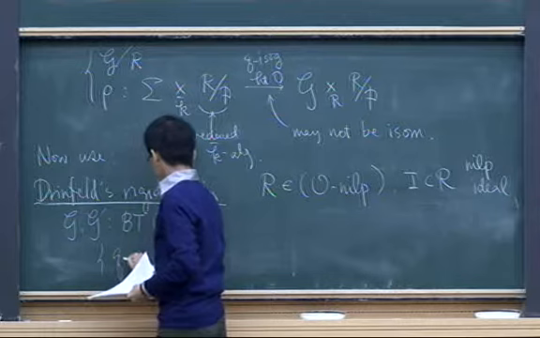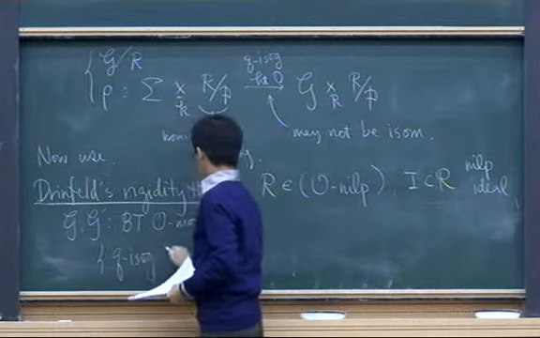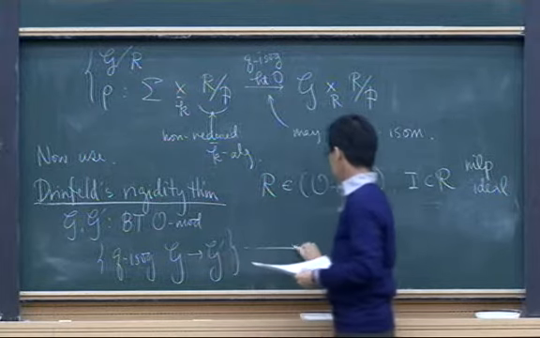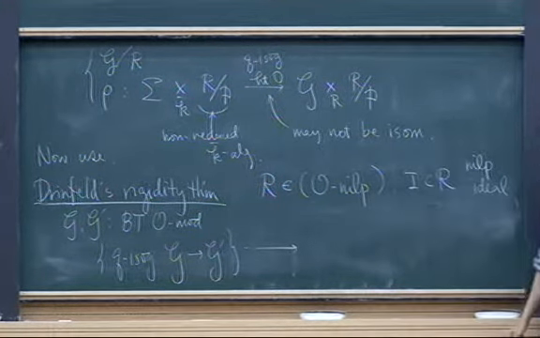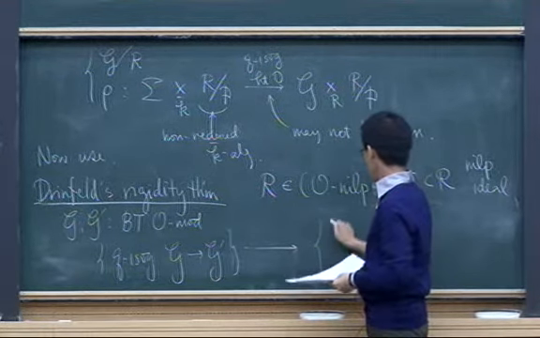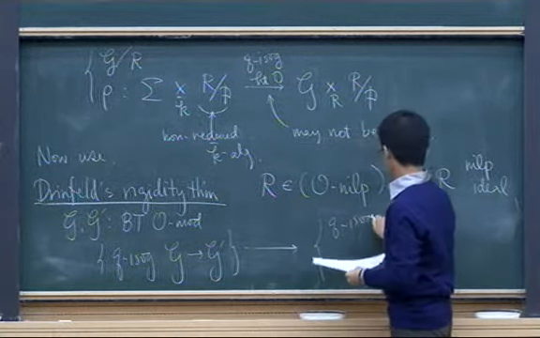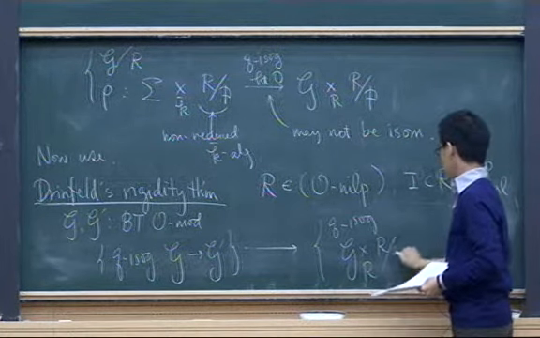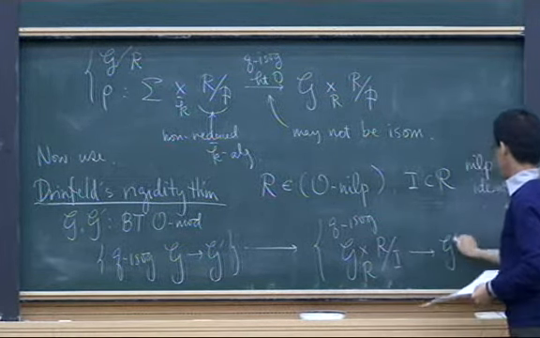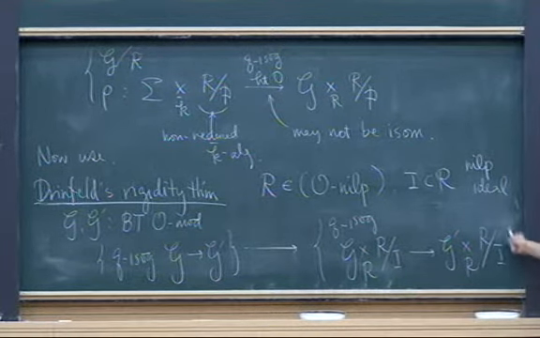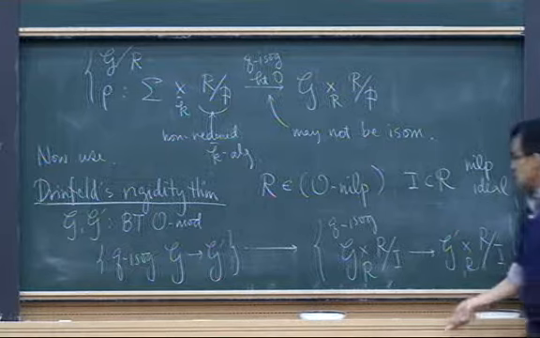Then the natural map from the quasi-isogenies over R to quasi-isogenies over R over I, just pulling back to R over I, is bijective.